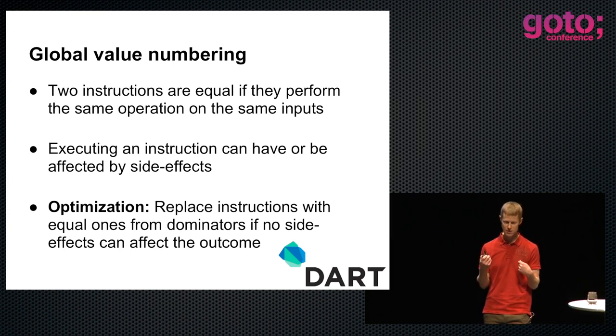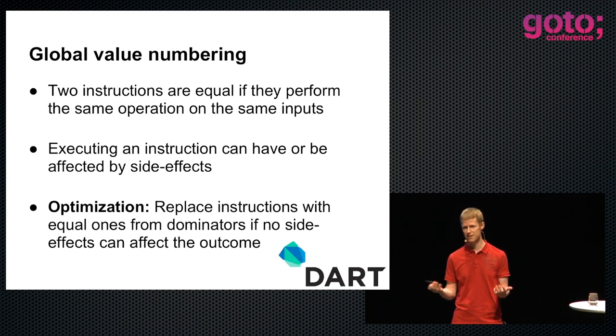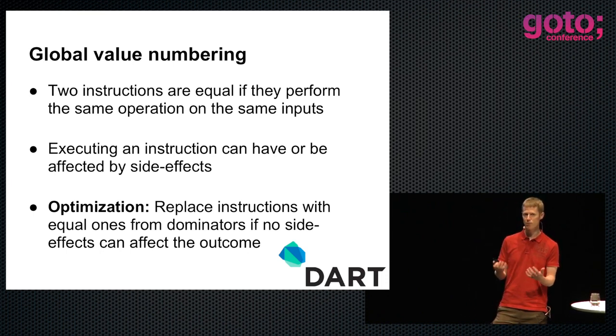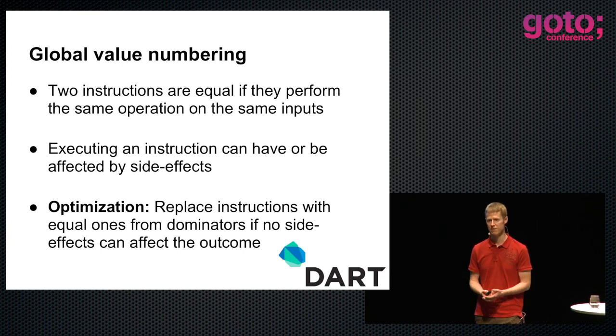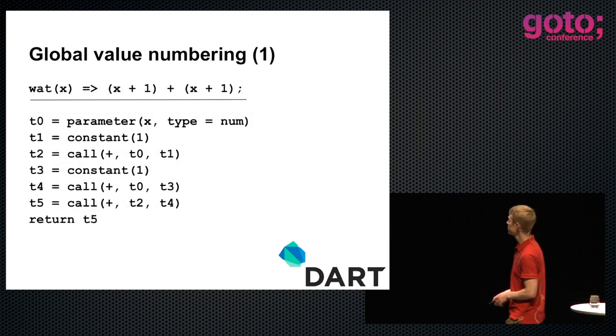Clearly, sometimes executing an instruction can have side effects that may affect other instructions. But in general, if you already computed a value and you haven't been affected by any side effects going forward, you don't have to recompute that value. That's essentially global value numbering.